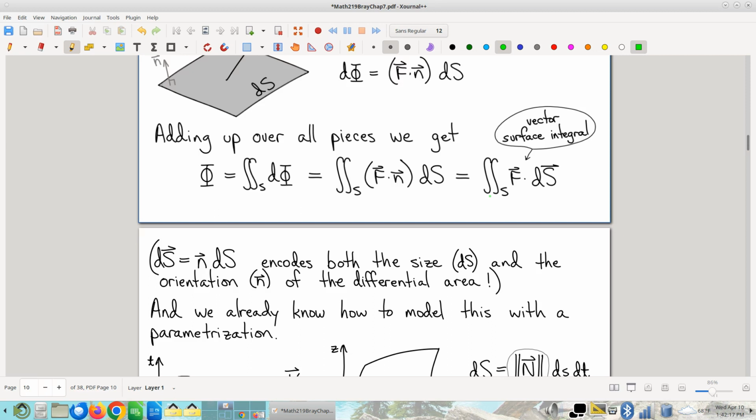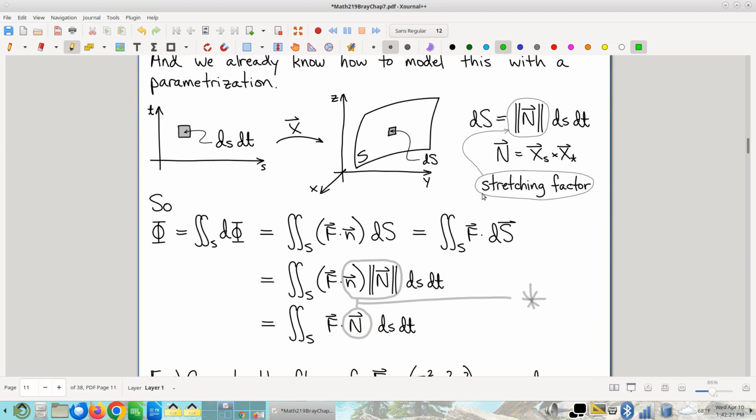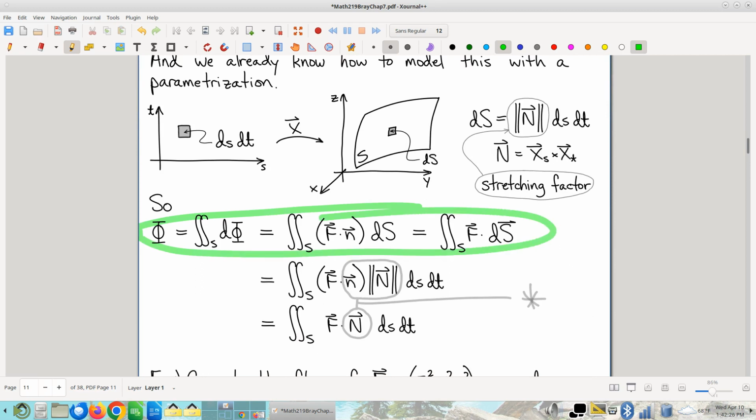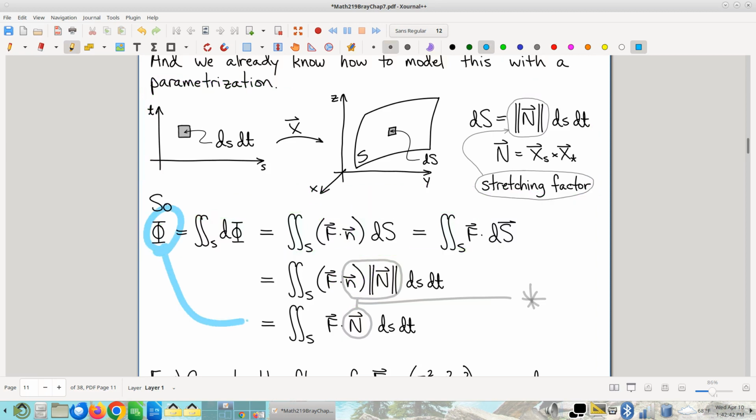Okay, and then there are the computational details. This construction that we wrote down on the previous page, making use of all of this groundwork that we laid last time and the time before, allows you to rewrite and get a computationally convenient formula for computing flux.